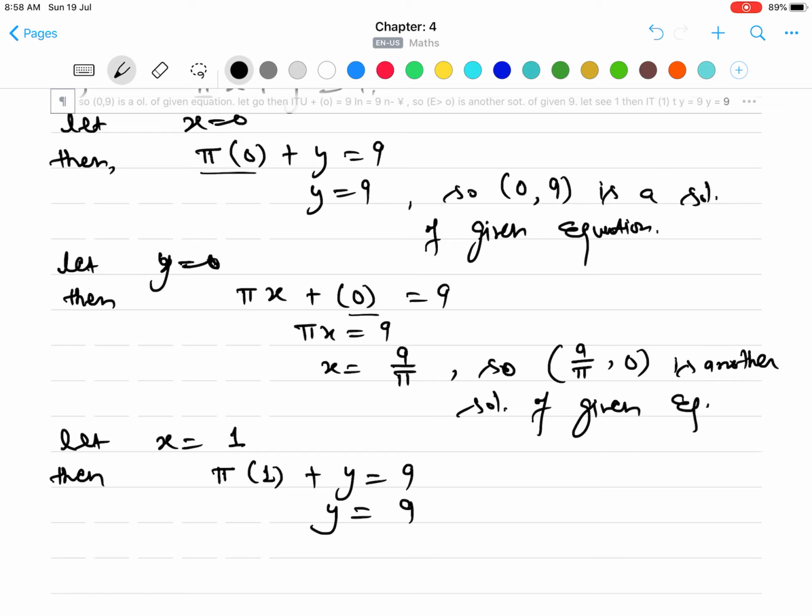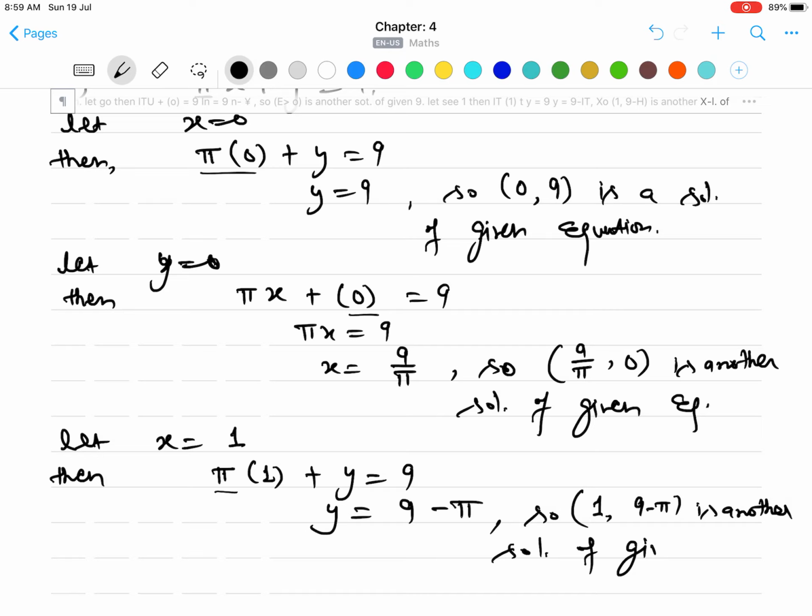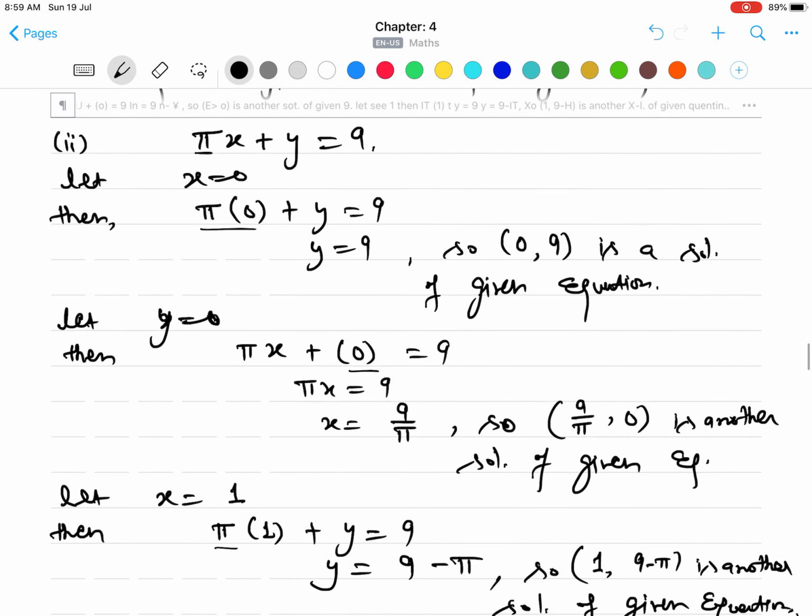We have 9 here, this plus pi will shift to the right hand side, and become minus pi. So the solution is 9 minus pi. So x is 1 and y is 9 minus pi is another solution of given equation.